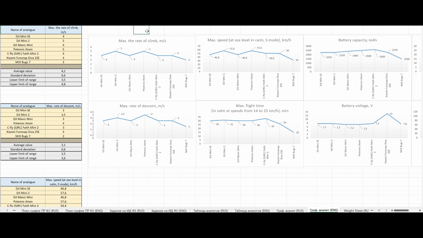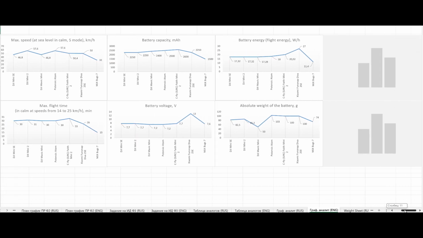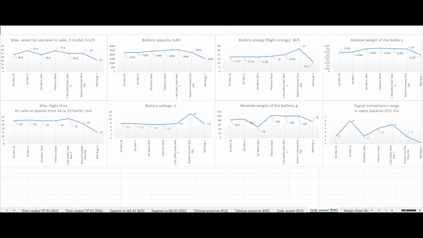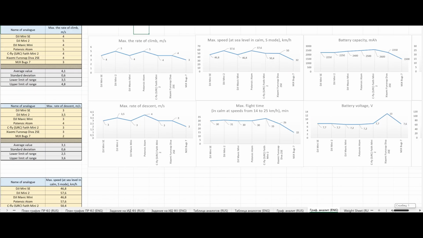For example, if the conditional mechanical parameters of an unmanned aircraft vehicle are considered the most important characteristics, i.e. the value of the payload relative to the takeoff weight of the unmanned aircraft vehicle, or the range or flight time relative to the mass of the battery, then these parameters should be included in the graphical analytics.